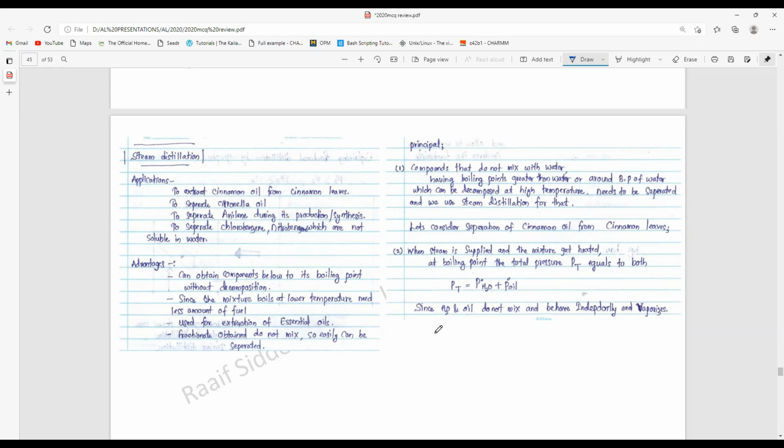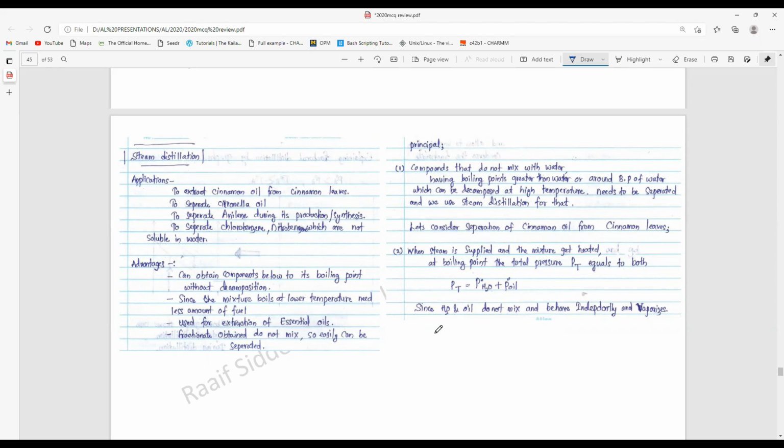It is with water plus oil, because if it is only water, you need to heat it to 100. But here, since both water and oil are evaporating, you don't need to heat up to 100. It will come to equal atmospheric pressure within 80 degrees Celsius, because both are evaporating at their own vapor pressures.